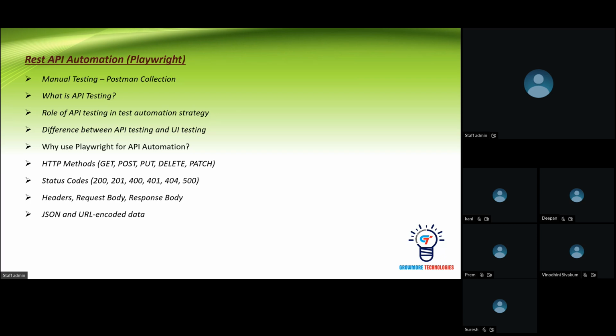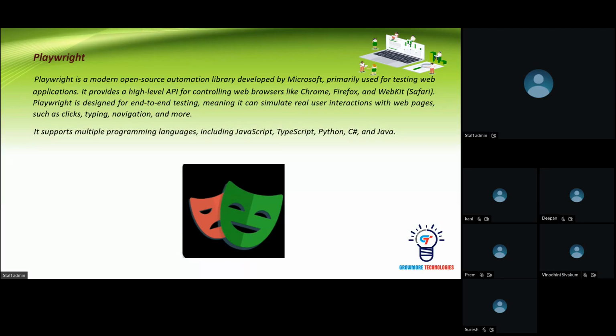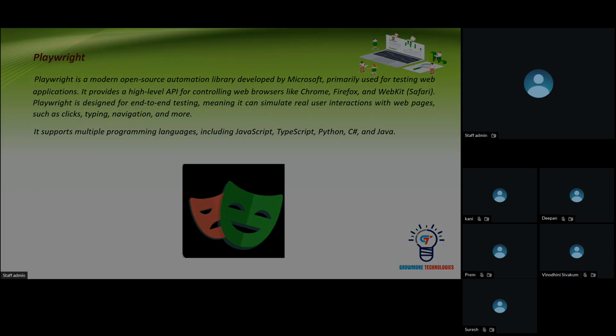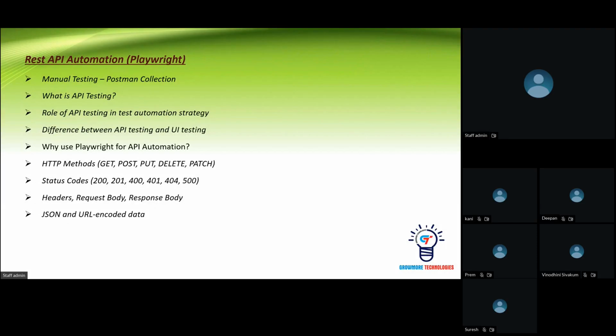Here you will learn the role of API testing in a test automation strategy, the difference between API testing and UI testing, and why we use Playwright for API testing. You will learn the HTTP methods, headers, request body, response body, JSON, and URL encoded data. These are the API topics for now. Next, the HTTP methods: GET, POST, PUT, DELETE, PATCH.